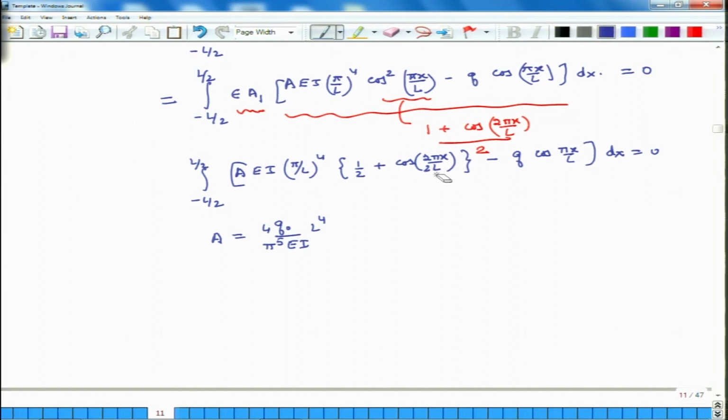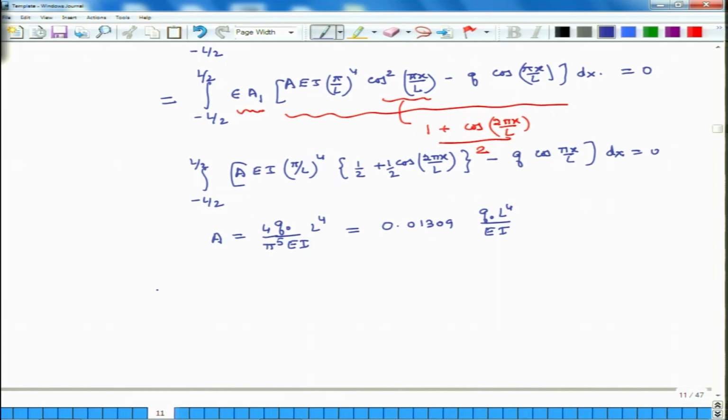Oh, I am sorry, this is L and there should be half here. Okay. So, this is 4 q naught L4 divided by pi to the power of 5 EI, and this is equal to 0.01309 q naught L4 over EI.